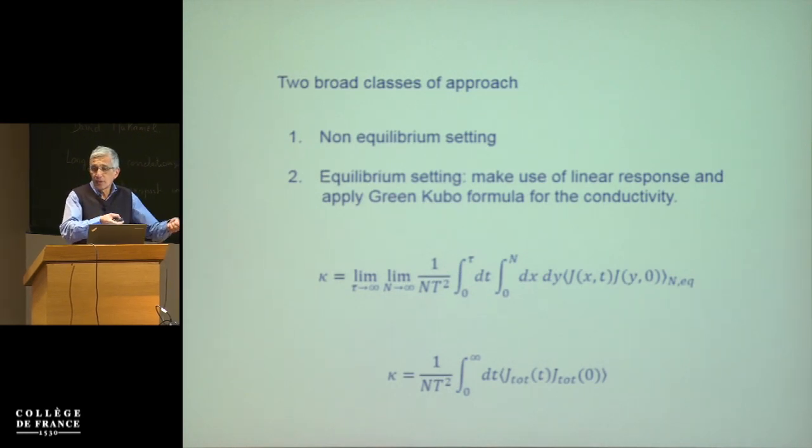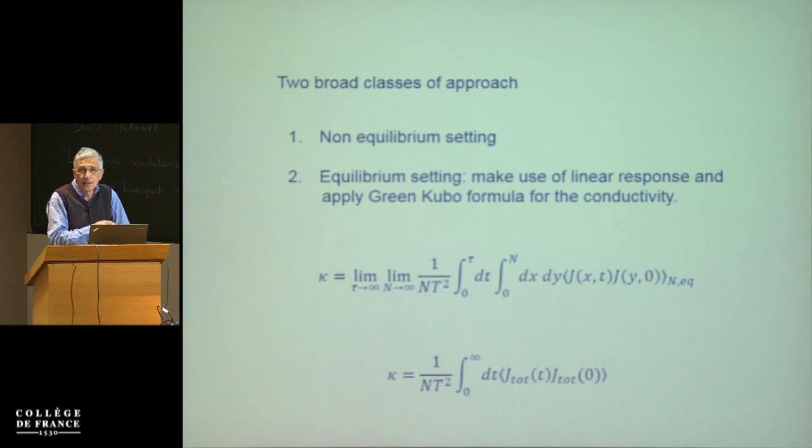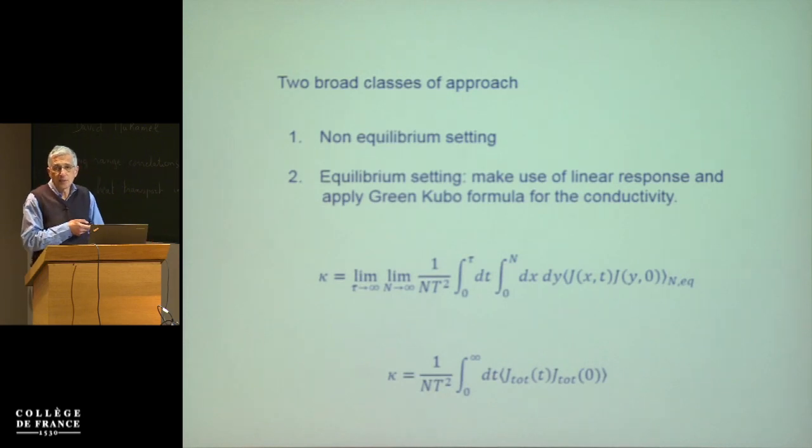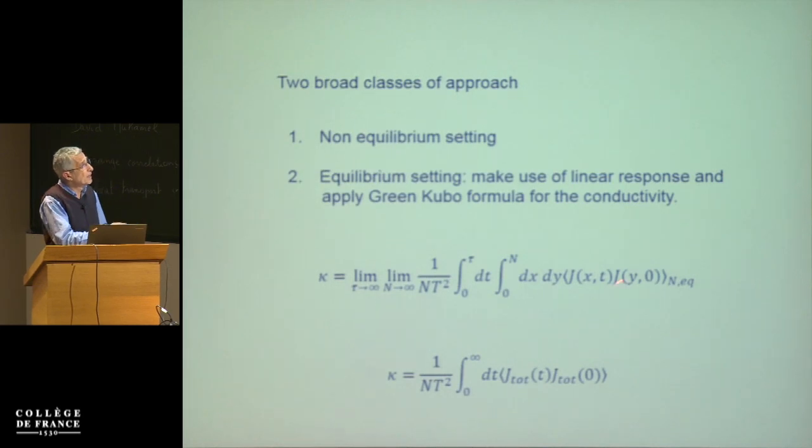Okay, so that's just linear response theory, and these are equilibrium calculations, which in principle you can sometimes perform. So basically, if you just take the integral over x of j of x, this is just the total current that we defined before, and the integral over y of this is the other total current at time t equals 0.